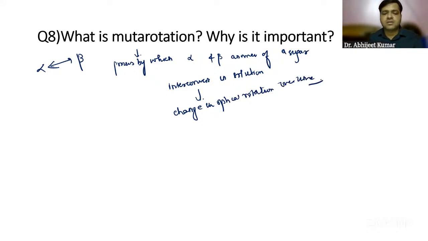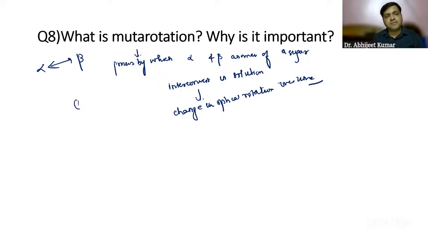This phenomenon occurs because monosaccharides exist in equilibrium between their cyclic forms and open chain forms, right? So if we talk about the mechanism, also the cyclic forms.